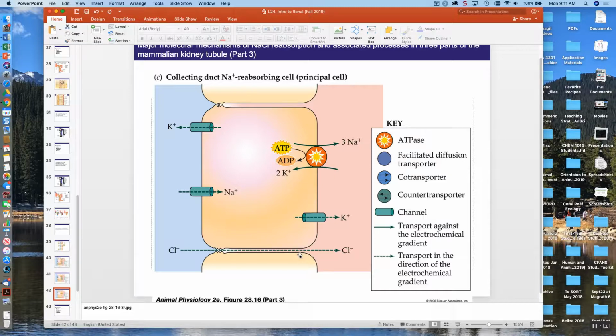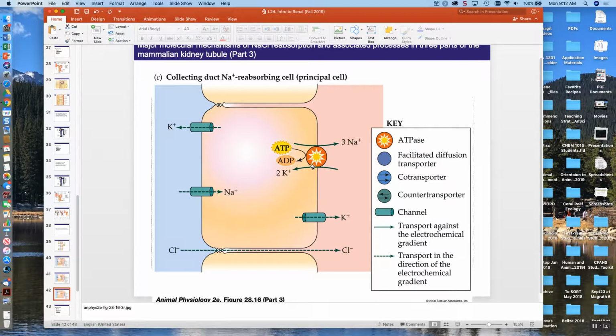Questions? Yes, I will say that one more time. With aldosterone, you increase the number of these ENaC channels on the apical membrane. That brings more sodium into the cell, which increases the turnover rate of the pump.